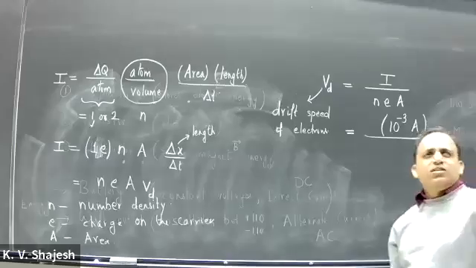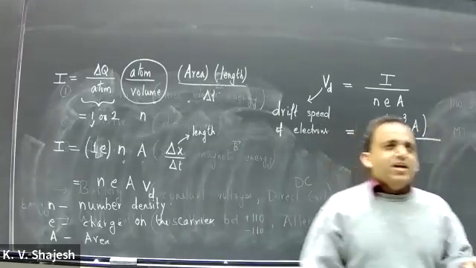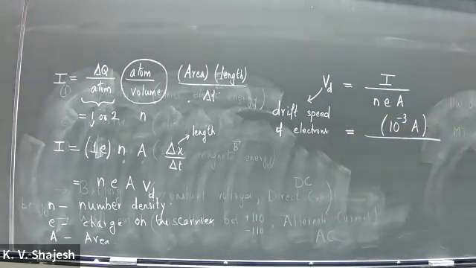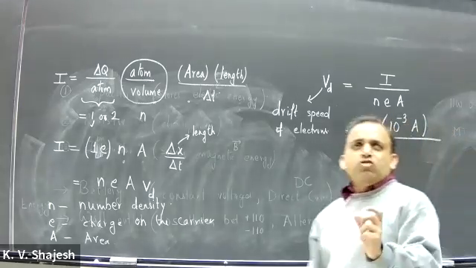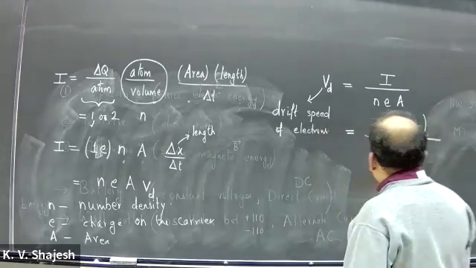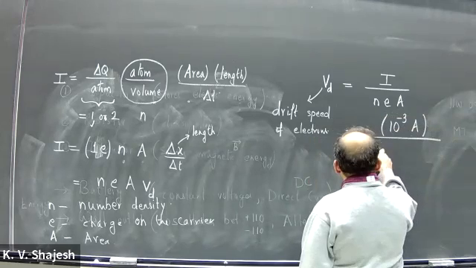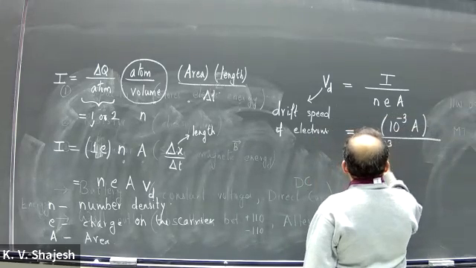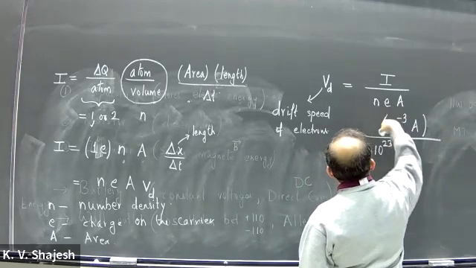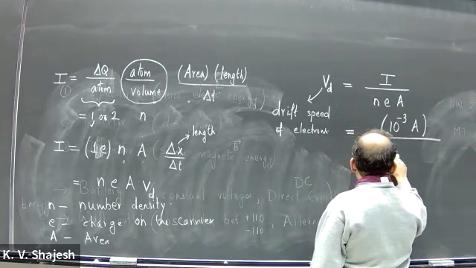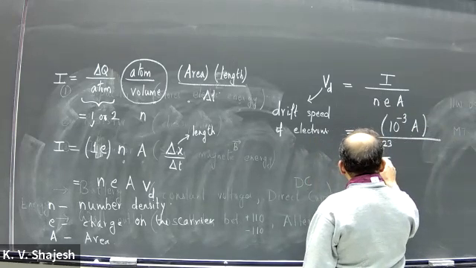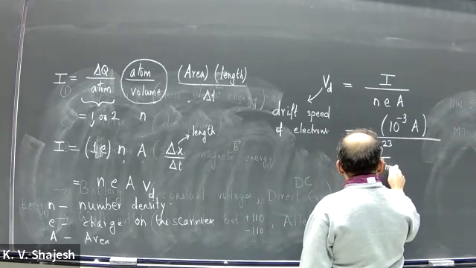In that tiny box, there are 10 raised to 23 of anything you can think of as far as atomic constituents go, in 1 centimeter cube. So that's 10 raised to 23 divided by this volume, per unit volume. So that's 1 centimeter. Let's convert this into meters. So that's meter, and then I have the cube.